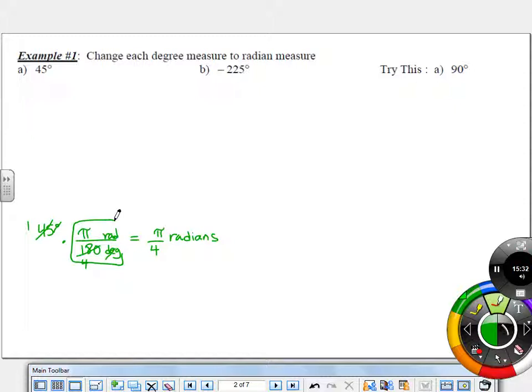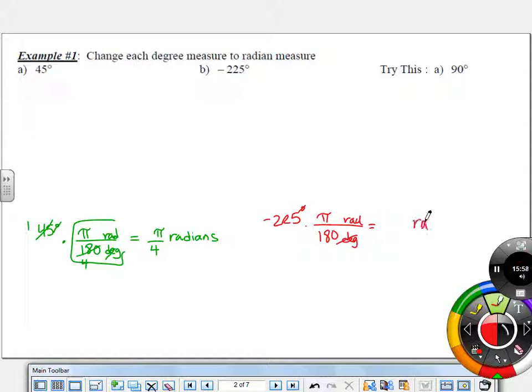All right, so negative 225 is up there. If we're going to convert that, we're starting with negative 225 times, again, we're canceling out degrees and ending up with radians. So pi radians is equal to 180 degrees. The degree units cancel.